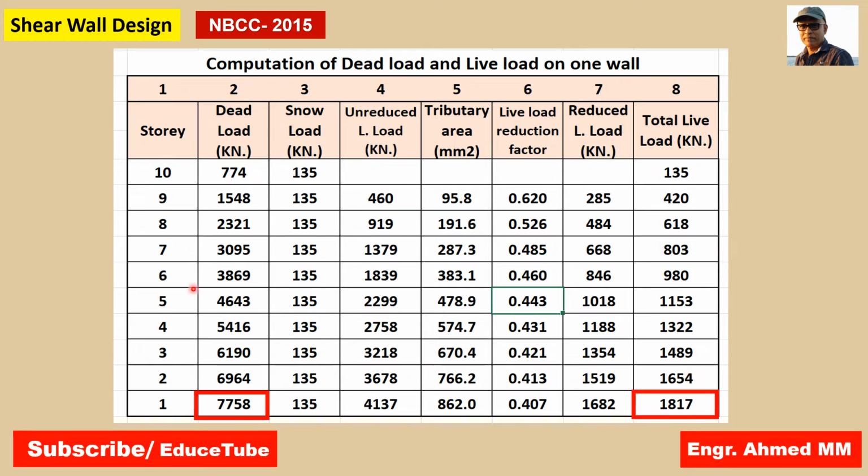In the second video, I showed in detail how to reach this table. But from this table, in this video, I need these two values: 7758 and 1817. This is for dead load and this is for total live load. So let's take these values and move ahead.